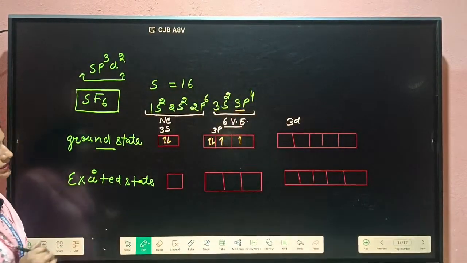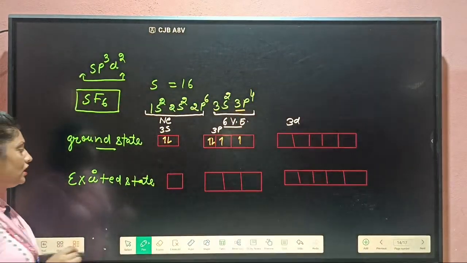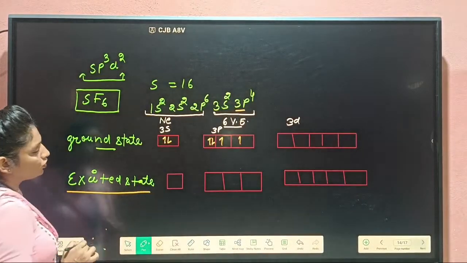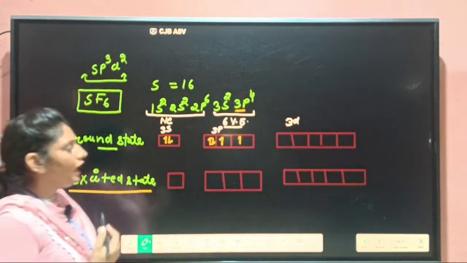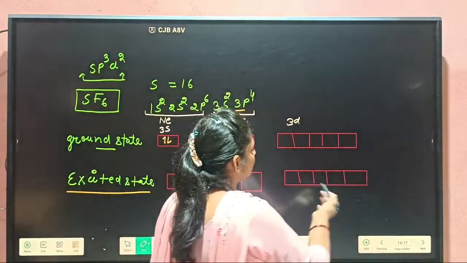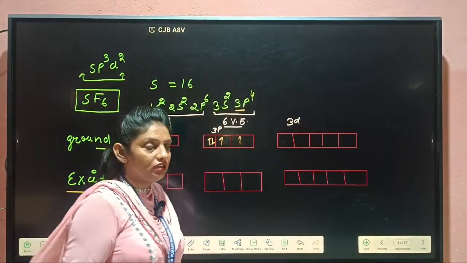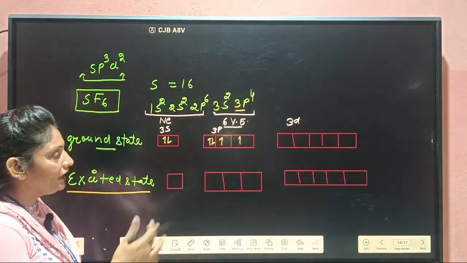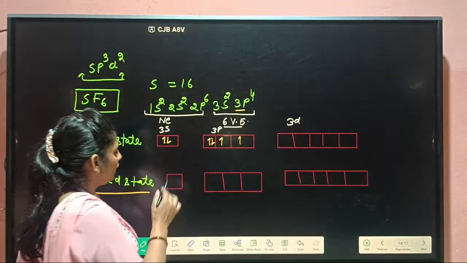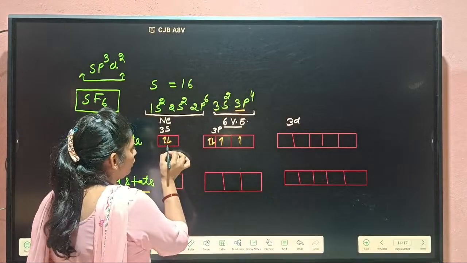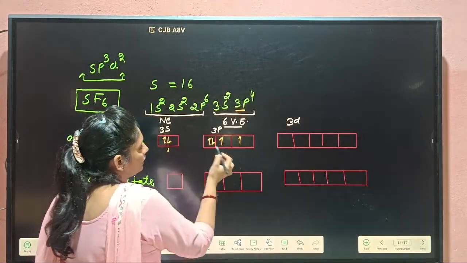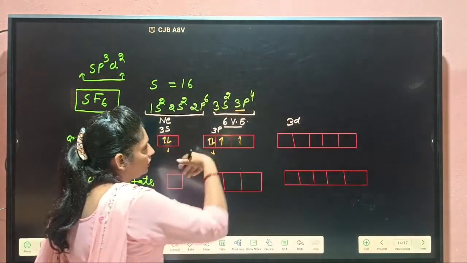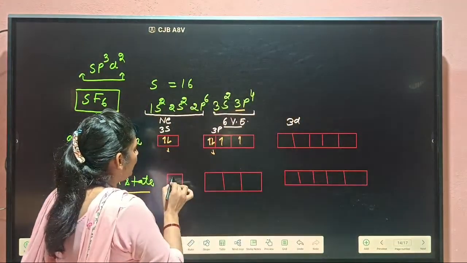But students, in the excited state, by absorbing some amount of energy, they can move to a higher energy level. Why? Because here the d orbital is vacant, so electrons can get excited. Then what will happen, students? One electron from here, one from here, and one from here will get excited and go to the higher energy level.